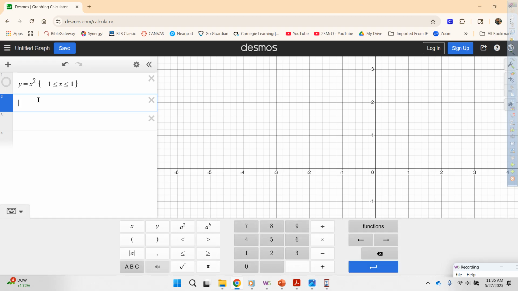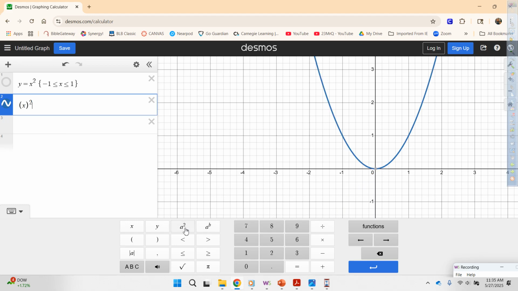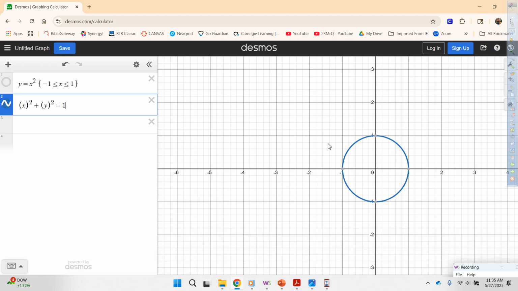Go y equals, let's do parentheses, x, close parentheses, squared, plus, parentheses, y, close parentheses, squared, equal to 1. And that's a circle.